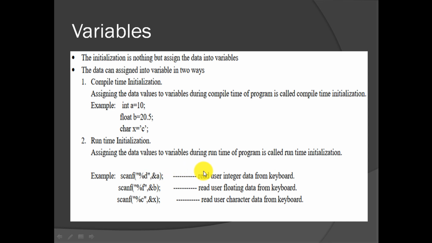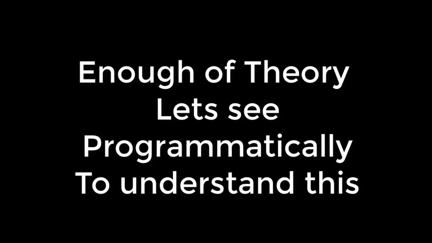So it reads user integer data from the keyboard and it will be stored in &a, which means the address of a, that is the memory location of a. And we can have floating data as well, scanf("%f"). So whatever data the user enters will be stored as a float, in the memory location of b. Enough of theory, let's see programmatically to understand this better.